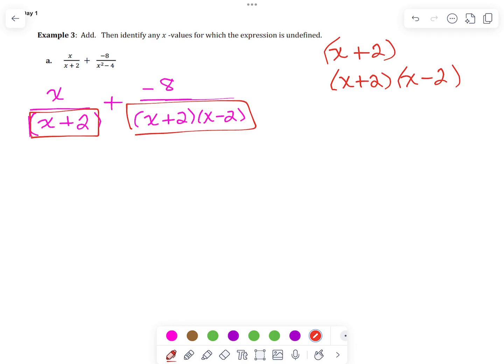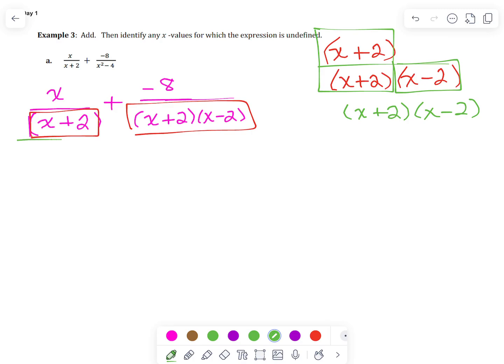So for the least common multiple, these two are in common, and then we do not have an x minus 2 in the first fraction, so the LCD will be x plus 2 and x minus 2. So that's our LCD.